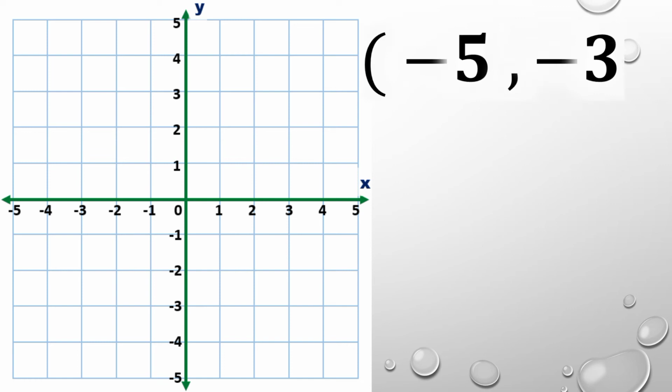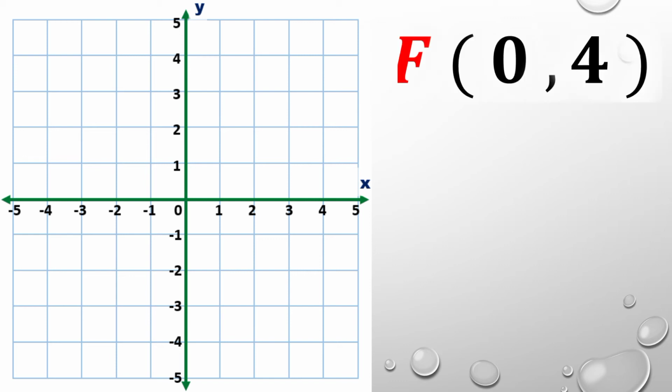-5, -3. It is obviously located on the third quadrant as the x-coordinate is -5 and the y-coordinate is -3. Okay, where can we find point F? 0, 4.